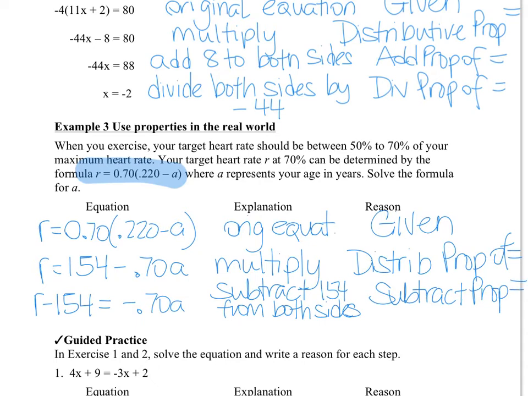And then the last thing we do is divide the whole thing by negative 0.7. Just make it a little bit thicker so you can see it over top of this.